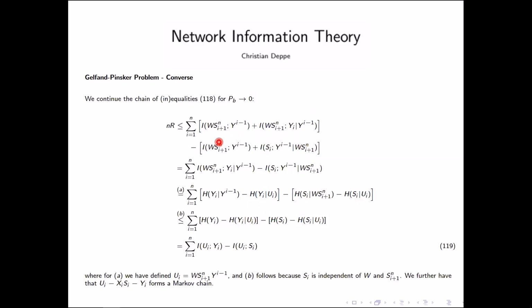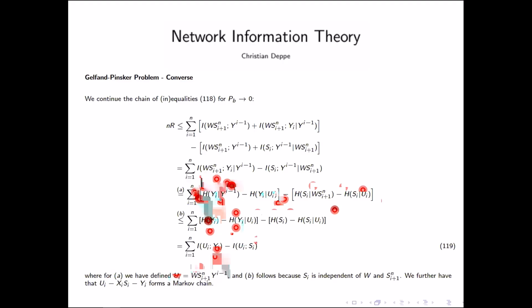The nice thing is that this term and this term cancel out, and we are just left with these two terms. These two terms we write in the form of entropies, and furthermore, we set U_i equal to W, S_{i+1}^n, Y^{i-1}. Then we get this equation here.